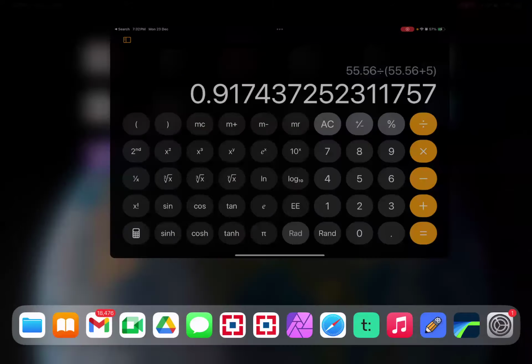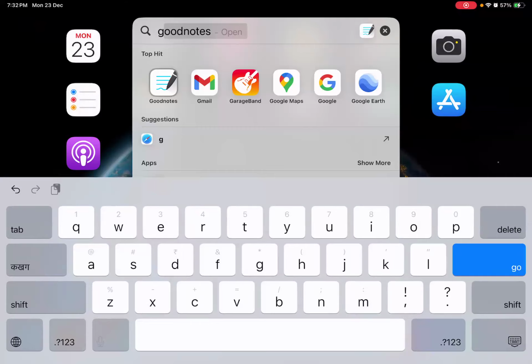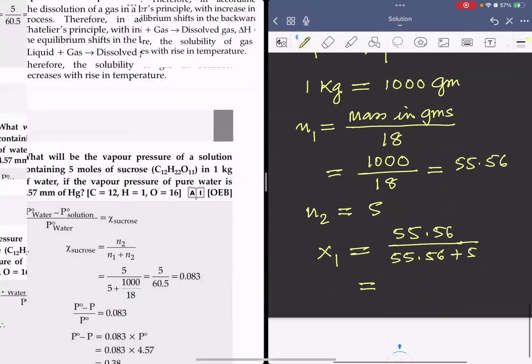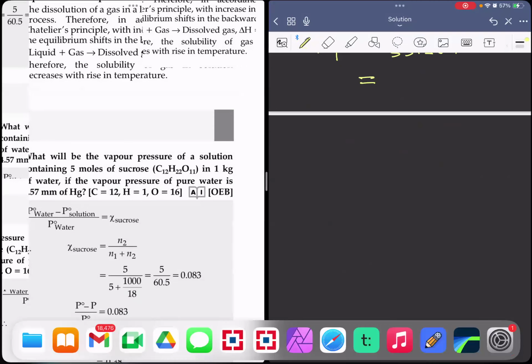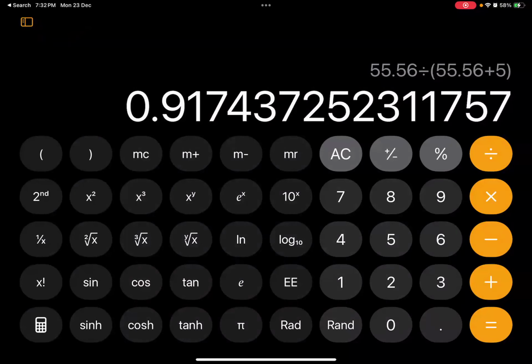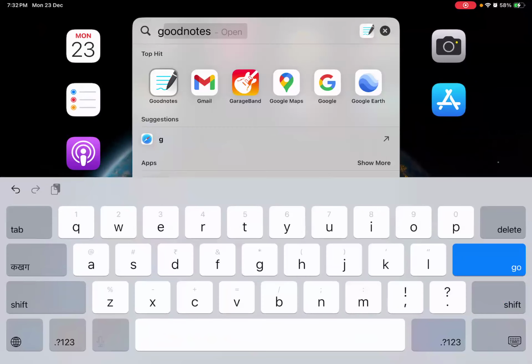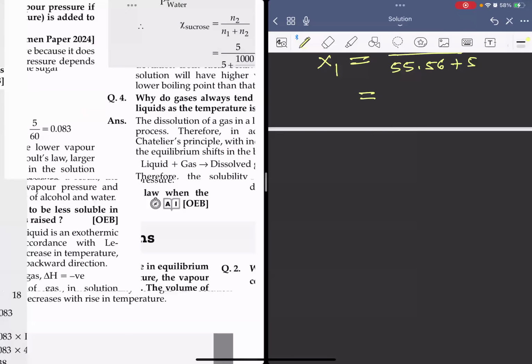Okay, so 0.917. That's the mole fraction of solvent.